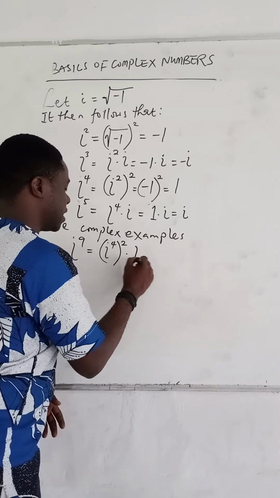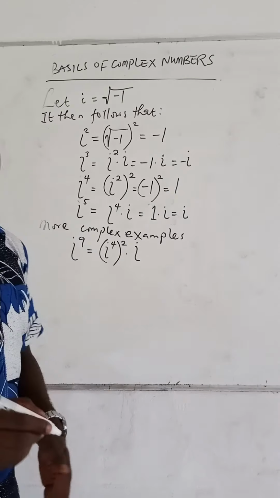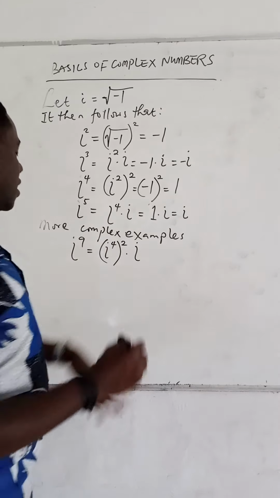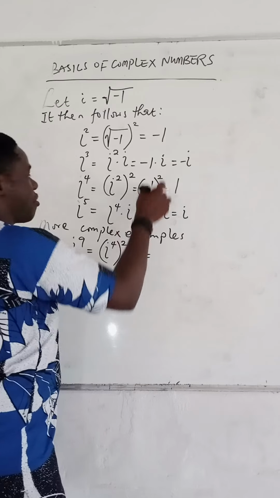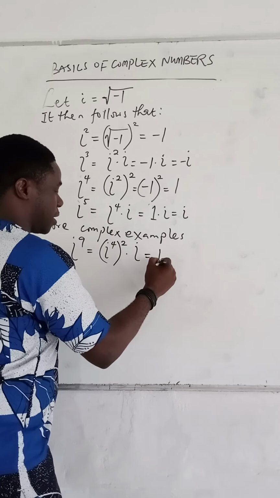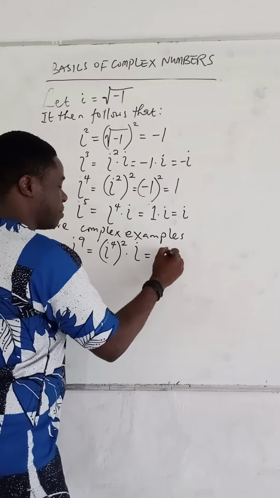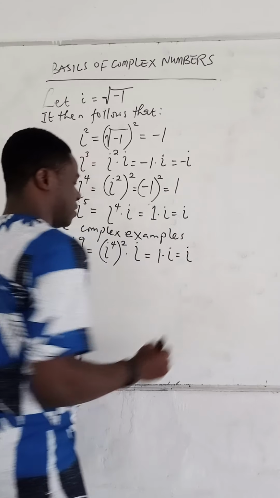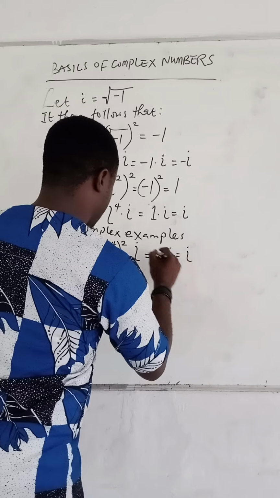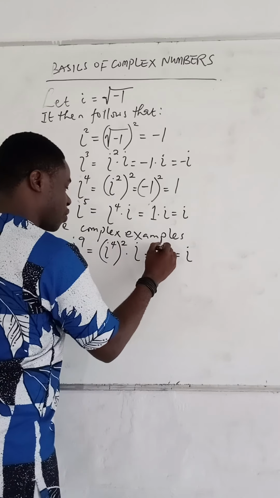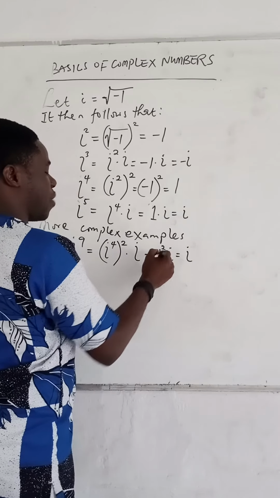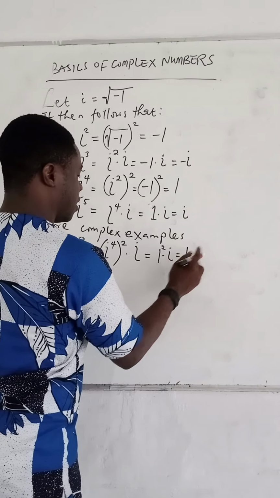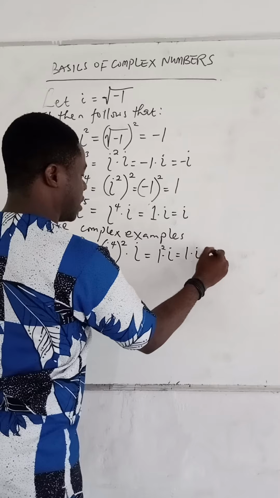To complete the 9, we have to multiply by another i. Now i raised to power 4, very important, is 1. So 1 squared is 1, then 1 multiplied by i is i.